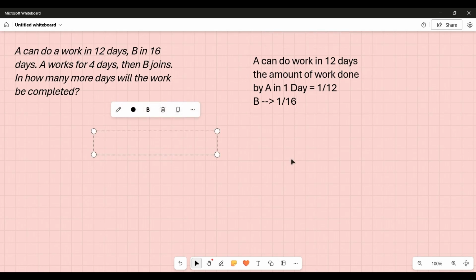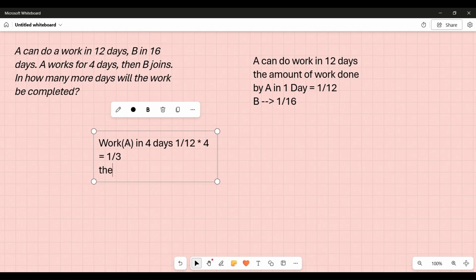Person A takes 12 days to complete the work. So the work done by A in 4 days will be 1 upon 12 into the number of days A worked, which is 4, which is equal to 1 by 3.